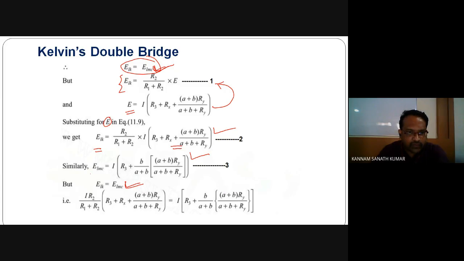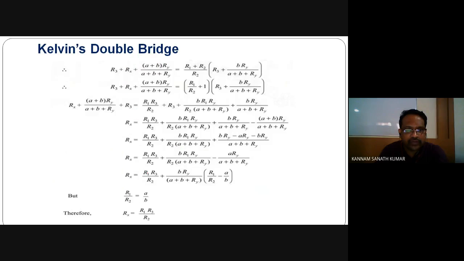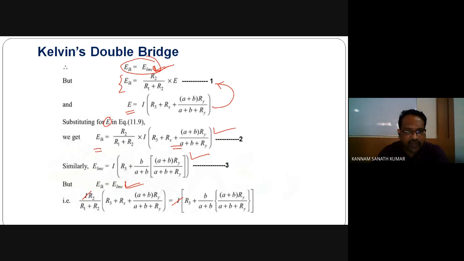Here I gets cancelled. Now cross multiply. R2 by (R1 plus R2) going to the other side becomes (R1 plus R2) divided by R2.